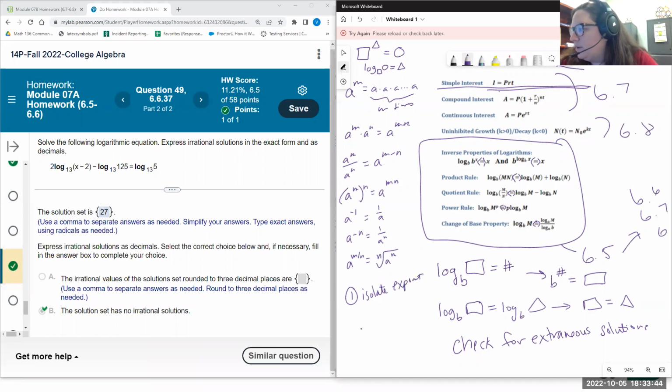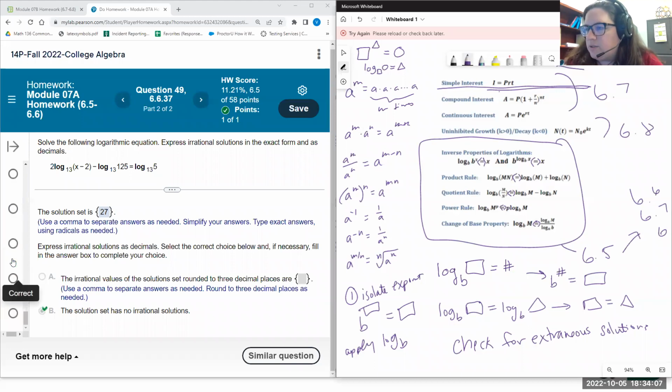So you want something like this. Then you can apply the log with whatever base the exponent is to both sides of that. So there's not actually a lot of these. You'll see a lot more of these in 7b.